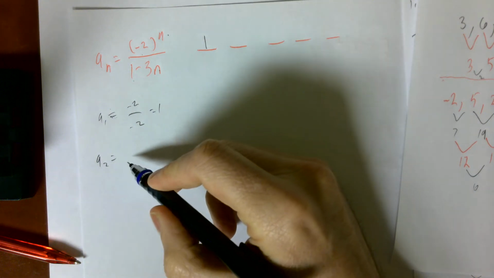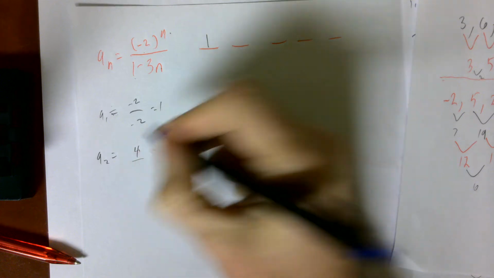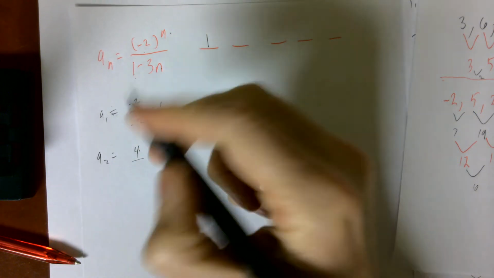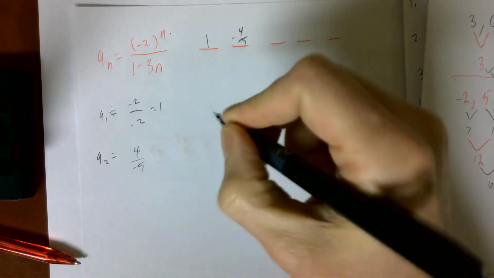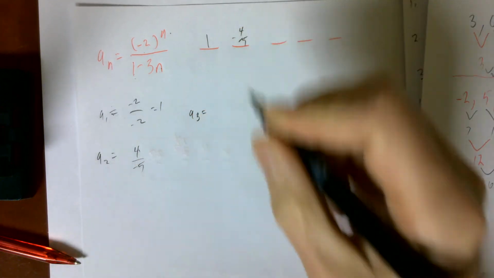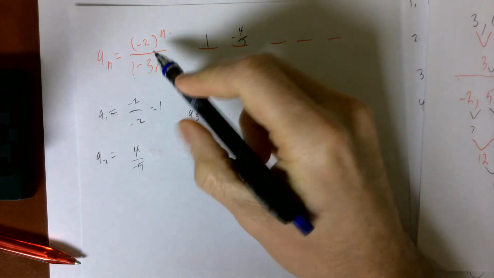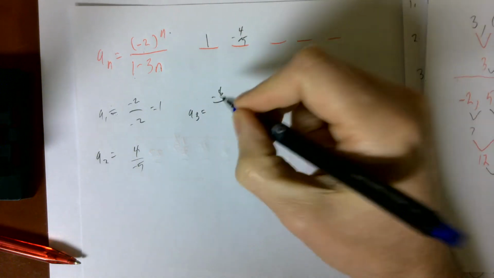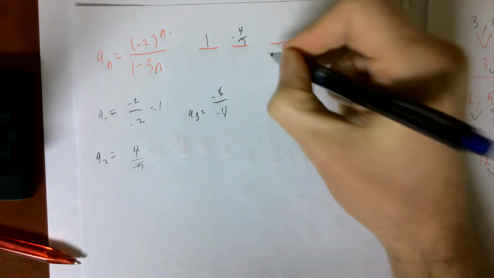I put a sub 2 in. -2 squared gives me a +4. And then 1 minus 6 is -5. So I get -4/5. A sub 3. Plug the 3 in. So -2 to the third is -8. 1 minus 9, that's also -8. So I get a 1.